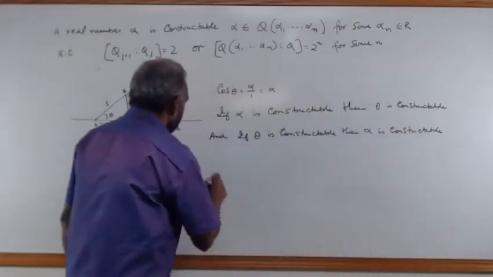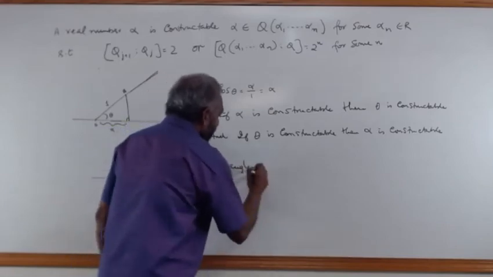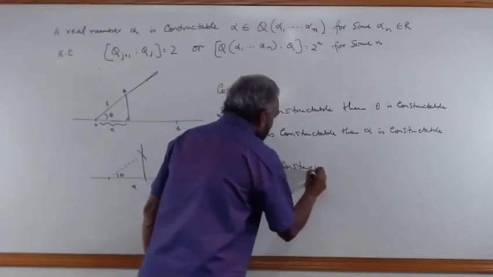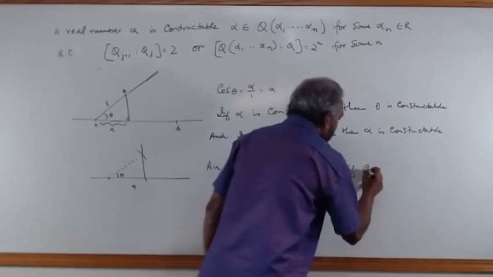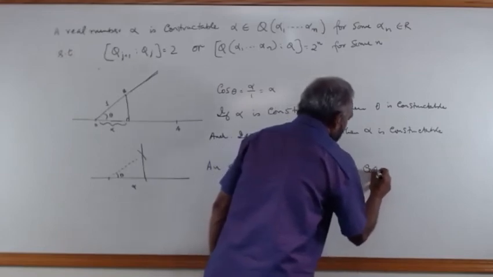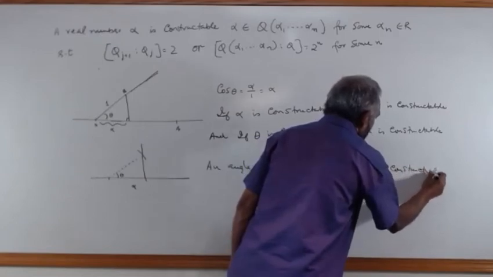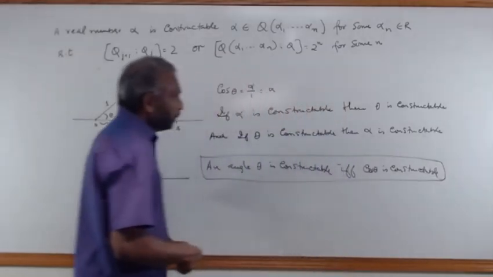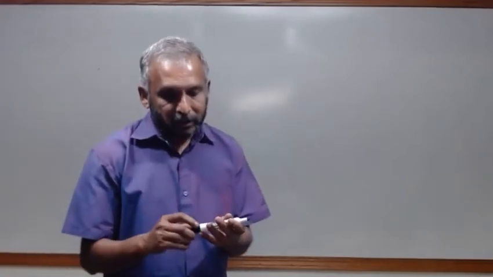So the result is an angle theta is constructible if and only if cos theta is constructible. So let us do some problems using these results.